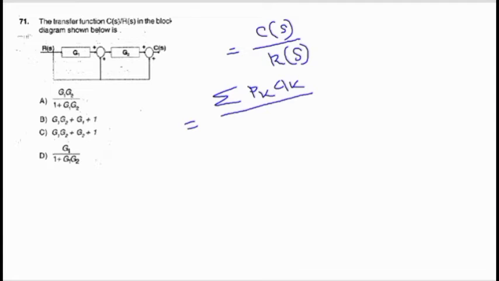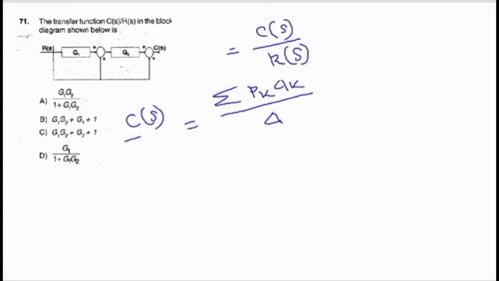The transfer function C(s) by R(s) in the block diagram shown below is. So we have to find C(s) by R(s). You must be knowing that there is one formula called Mason's gain formula, summation Pk delta k by delta.